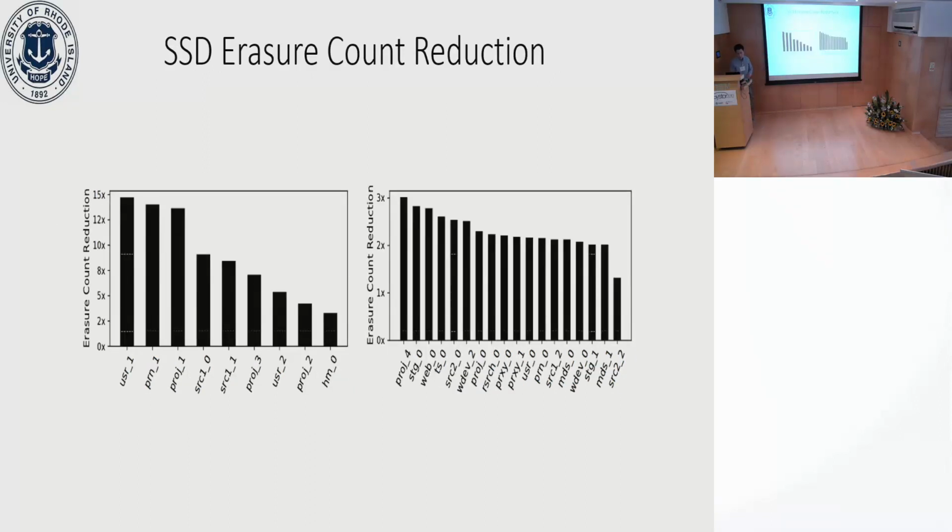The lifetime of an SSD is mainly determined by its PE cycles, or erase count. Lower replication means fewer data pages being written to flash, giving rise to fewer block erasures. In other words, the SSD endurance is increased. To better illustrate this, we divide the results into two groups with different scales.